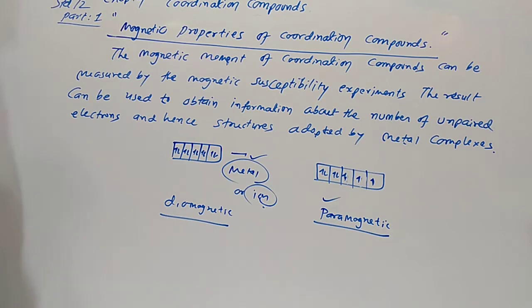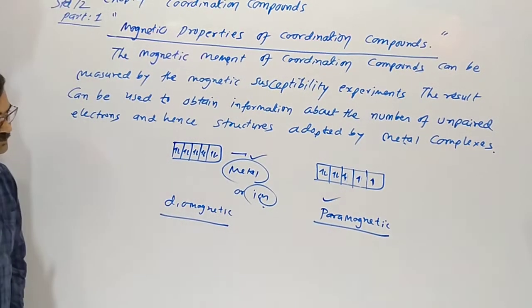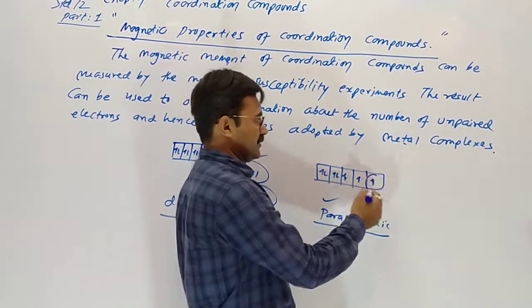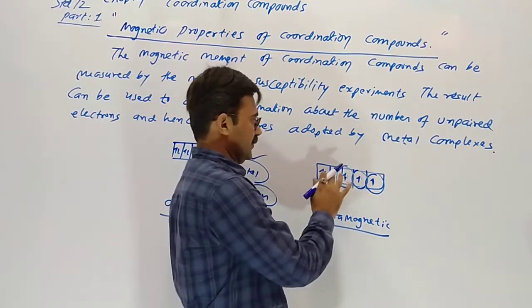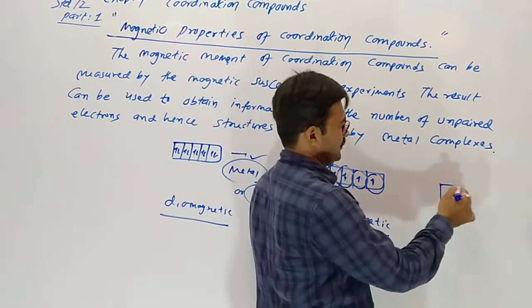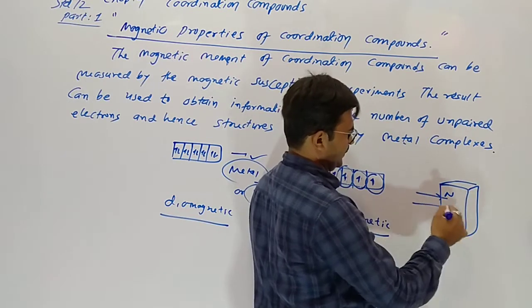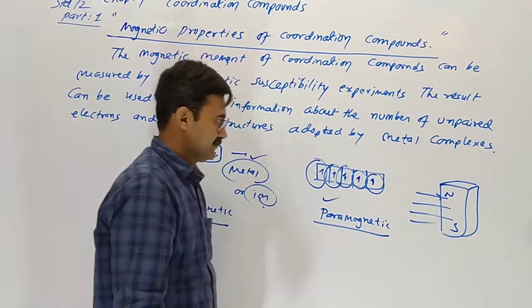And the magnetic moment means a value. With one unpaired electron, then 2, then 3, 4 and 5, the magnetic attraction toward a magnet should be more.